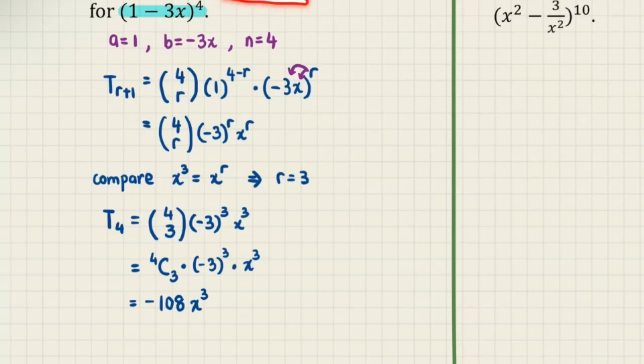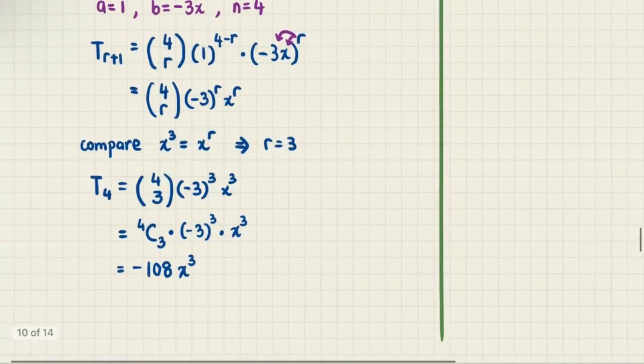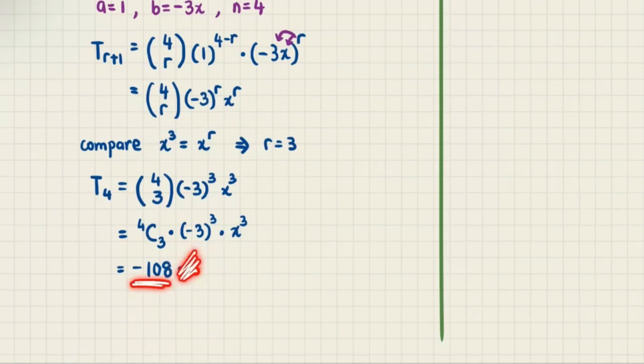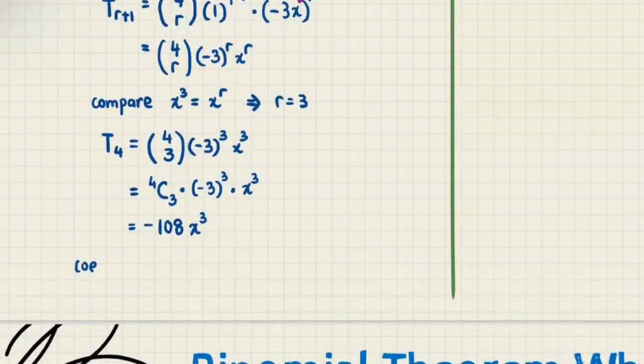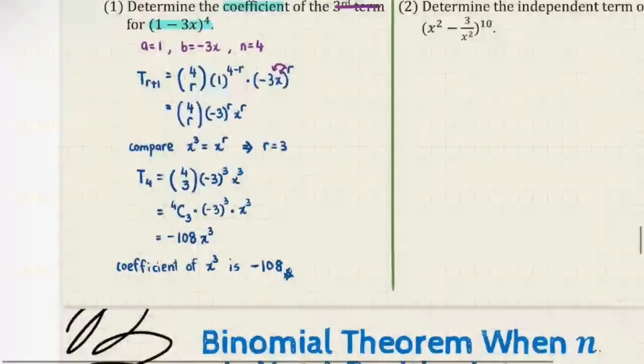Koefisien maksudnya perkali kepada x cube. Okay. So apakah perkali kepada x cube? So x cube saya potong, so saya tinggal negative 108. So that means coefficient of x cube is negative 108. So inilah baru kita punya final answer.